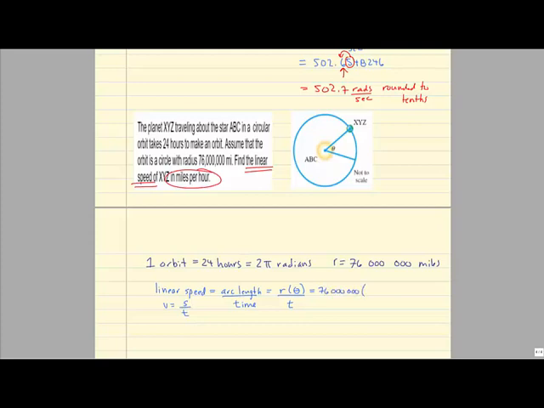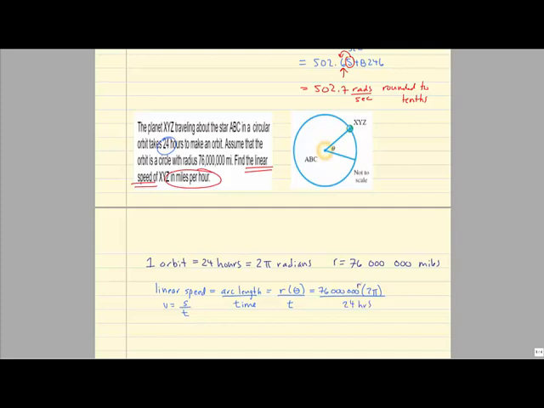Theta, we're going to have to think about theta. It went clear around the circle, not the unit circle. So that means it rotated 2 pi radians, and that always has to be in terms of radians. And t would be time. Now in this particular case, it says 24 hours to make an orbit. So I would be dividing, all of this is happening in 24 hours.